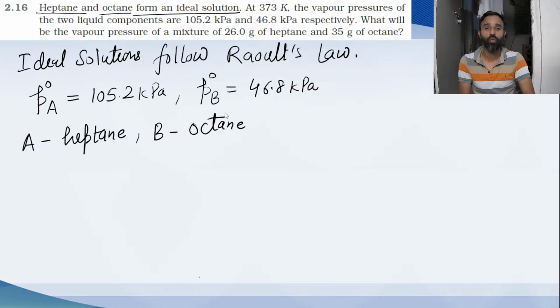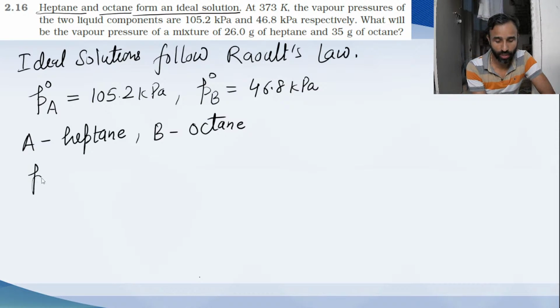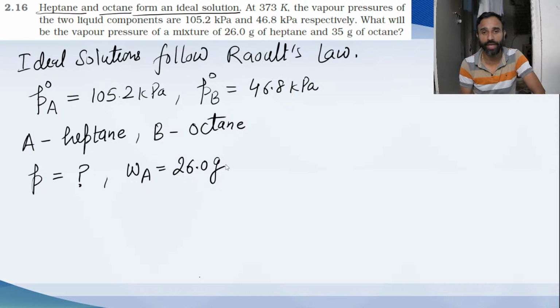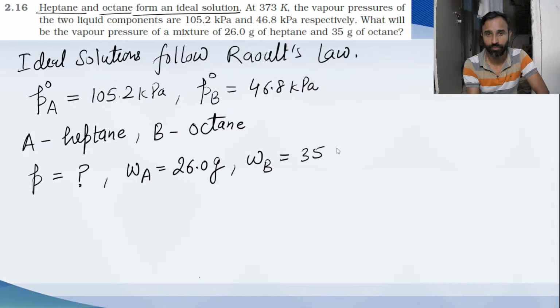Now, what will be the vapor pressure of the mixture? We have to calculate the vapor pressure of the mixture when we have 26 gram of heptane and 35 gram of octane. So tell me, what is Raoult's law?